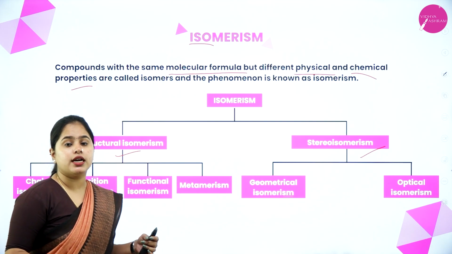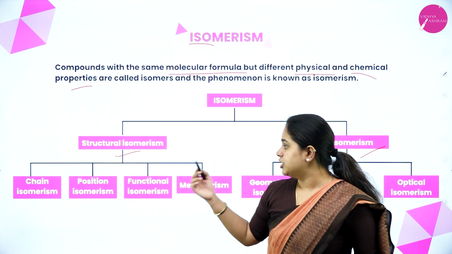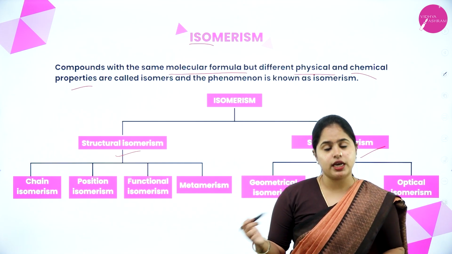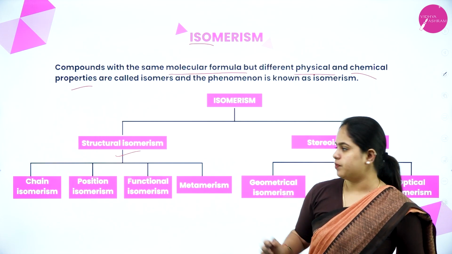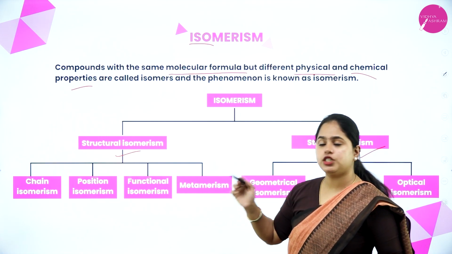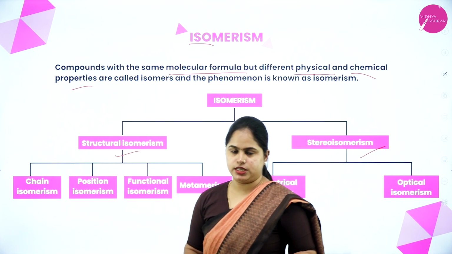Under structural isomerism, you can find 4 subdivisions: chain isomerism, position isomerism, functional isomerism and metamerism. So the chain, position, functional and metamerism come under structural isomerism, right?